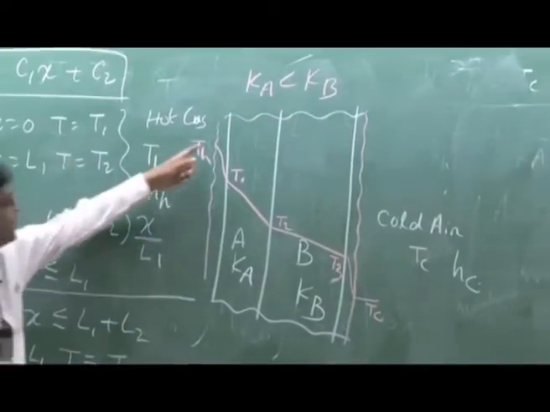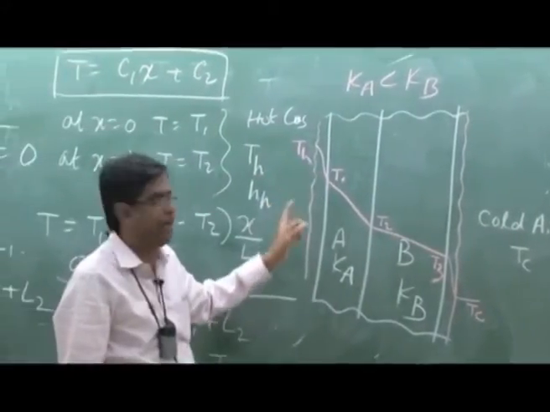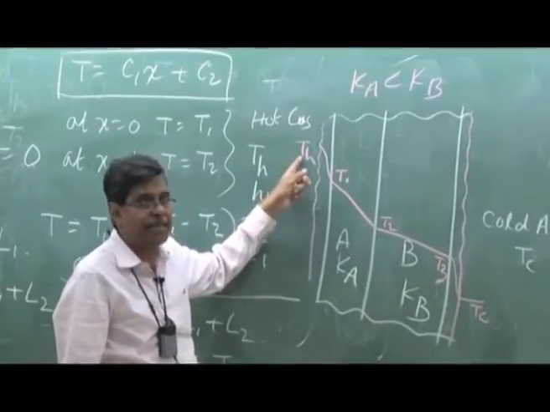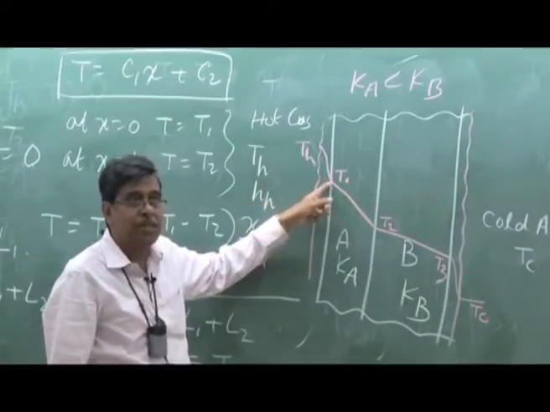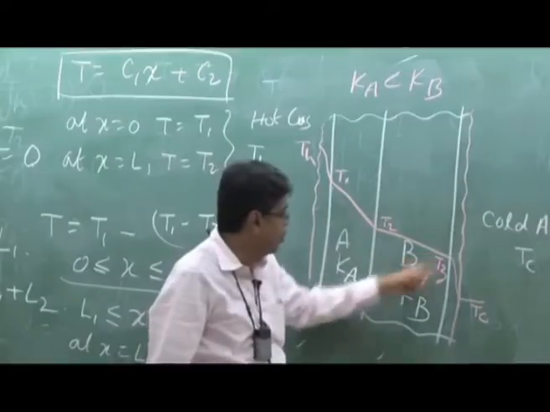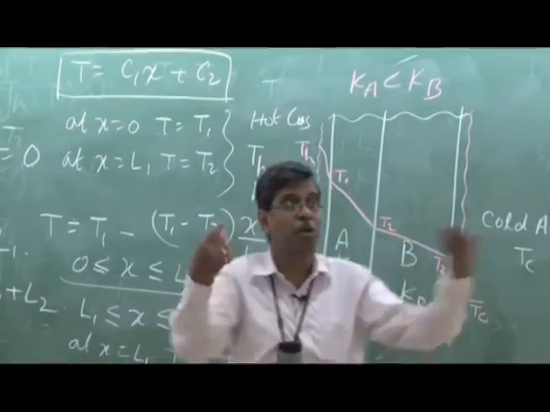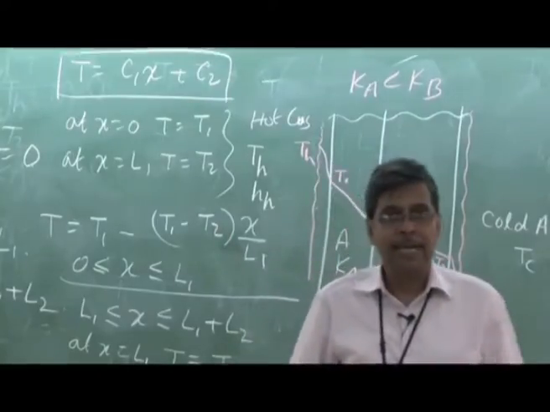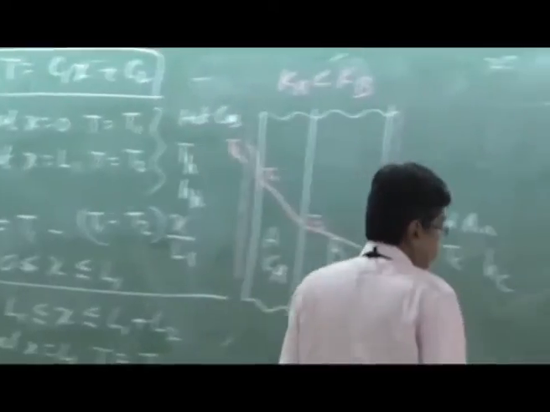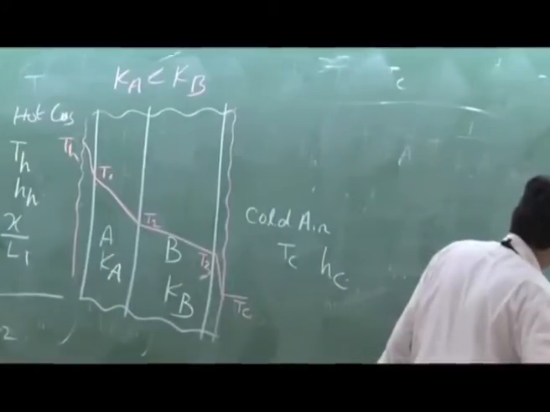This variation in the thin film, the thermal boundary layer due to convection from the free stream gas temperature to the solid surface temperature, I don't know at present until and unless I solve the energy equation in convection. So without that I cannot do so.